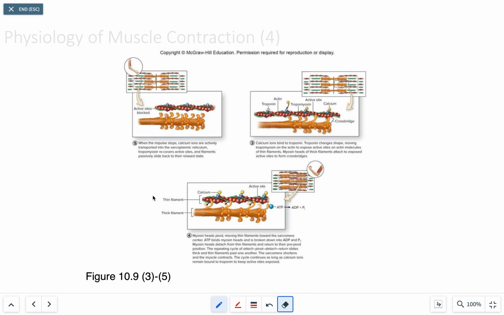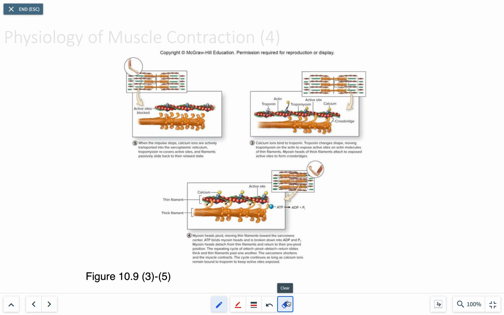At the same time, once the cross bridge has been connected, ATP will be utilized to cause the myosin heads to pull the thin filaments towards the M line. At this point, we would consider this muscle to be in a state of contraction.